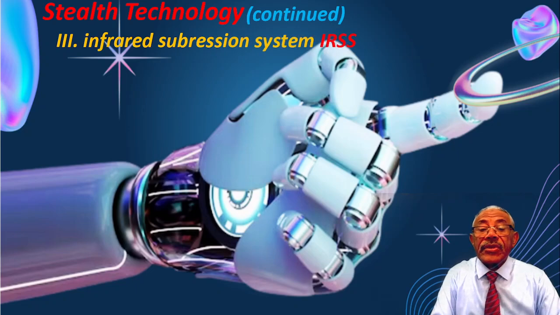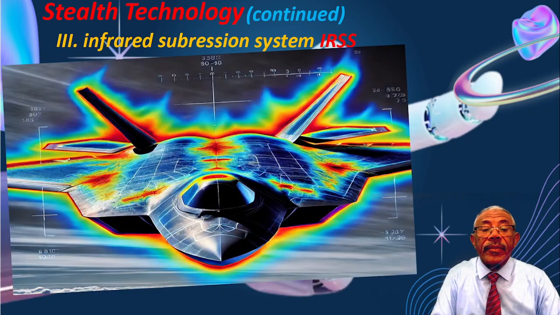Infrared suppression systems. The infrared spectrum over the skin of the aircraft could be like this.